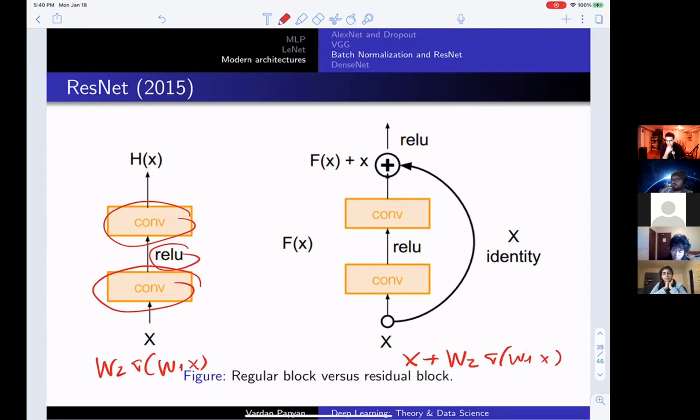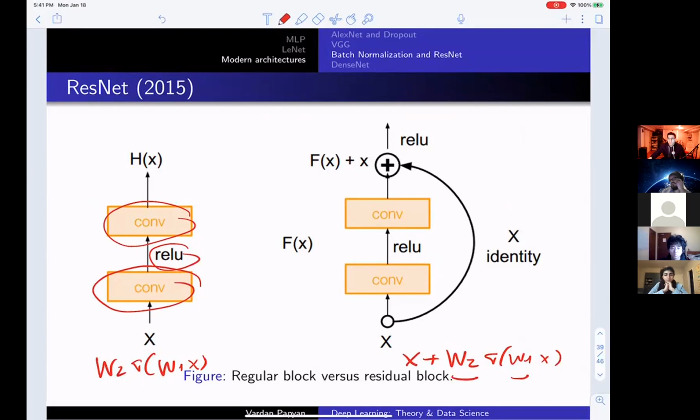Now, why would you do that? What's the intuition? First of all, the answer is always because this works empirically. But okay, you're already nodding to this statement. The intuitive reason is to think about the weights that you are learning, right? On the left, the weights have to learn a certain mapping from X to the output.